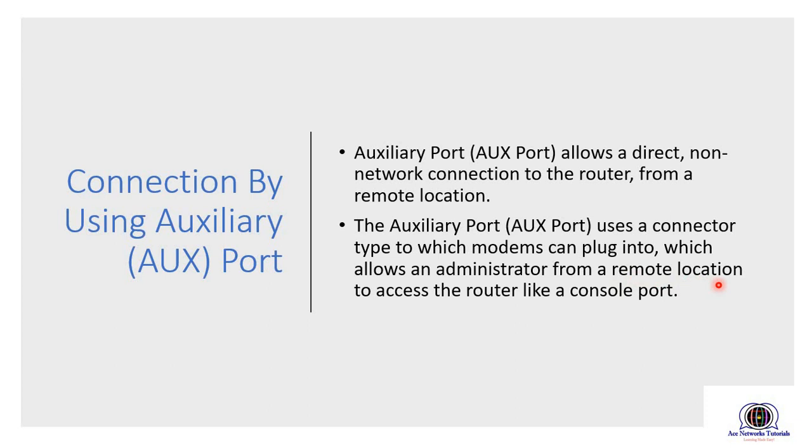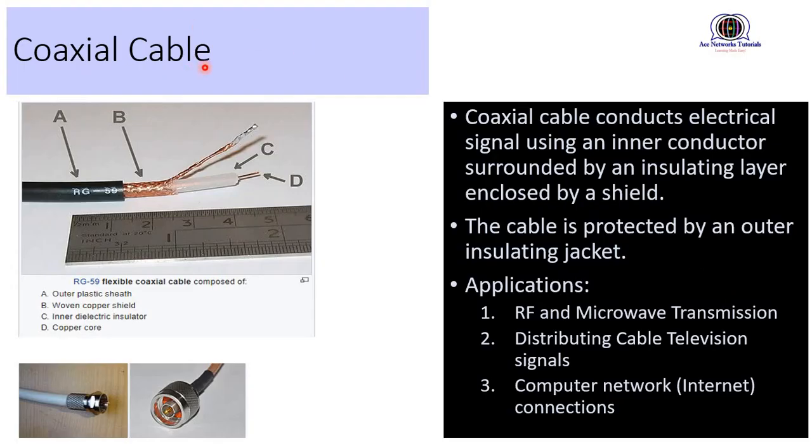Moving further. Coaxial cable. It is used as a transmission line for radio frequency signals. Coaxial cable conducts electrical signals using an inner conductor, surrounded by an insulating layer, which is again enclosed by a shield. The cable is protected by an outer insulating jacket.